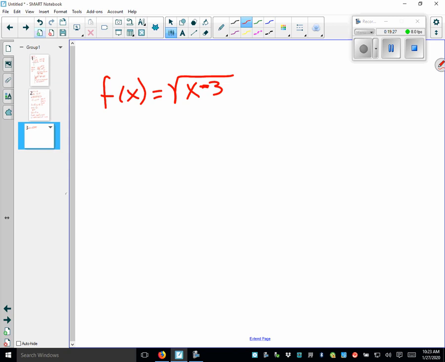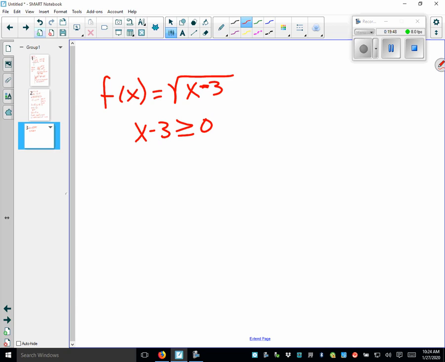It's 3. I know that. Does x minus 3 have to be greater than or equal to 0? Yes. Because if it was less than 0, it would be negative under the radical, and it is not a function.